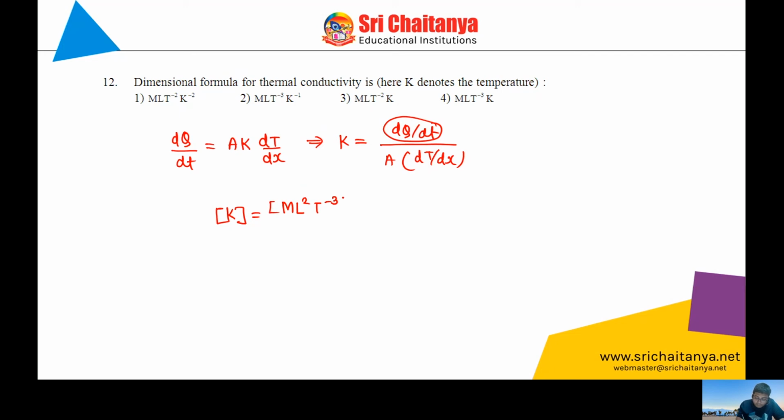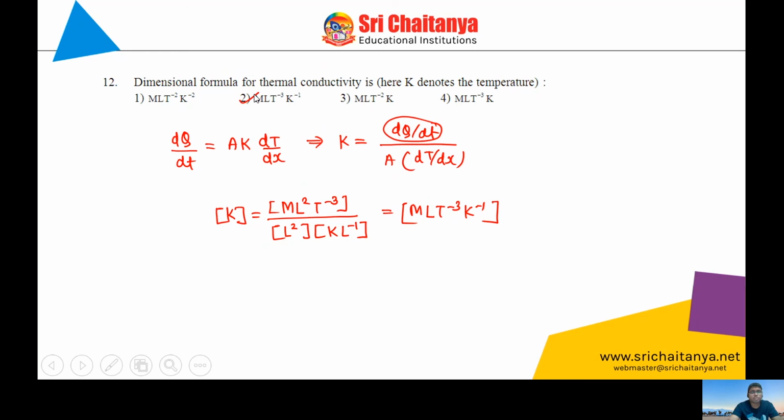The dimension of area will definitely be L square, and the dimension of the temperature gradient, the temperature per unit length, would be simply K into L to the power minus 1. Simplifying everything, you will get MLT minus 3 K to the power minus 1. Okay, and which option is that? I think option 2. So that is question number 12.